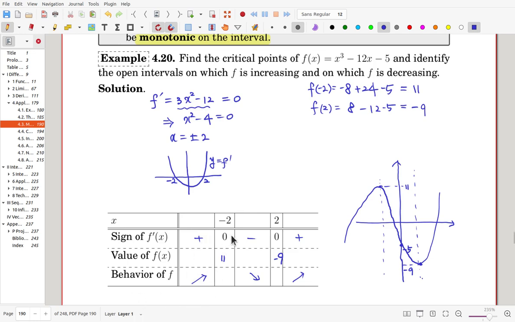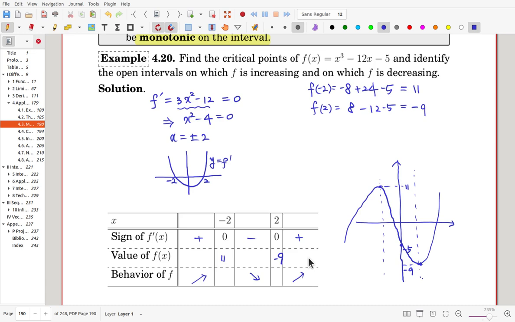Left of -2, f is increasing. Between -2 and 2, it is decreasing. So in each subinterval, it is monotonic. And also, if x is larger than 2, then again it is increasing. So in this way, we can understand the behavior of a function.